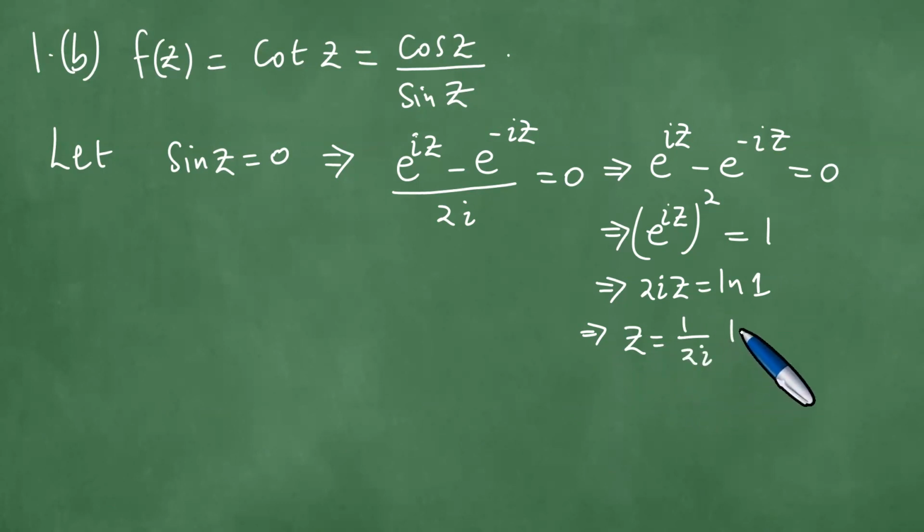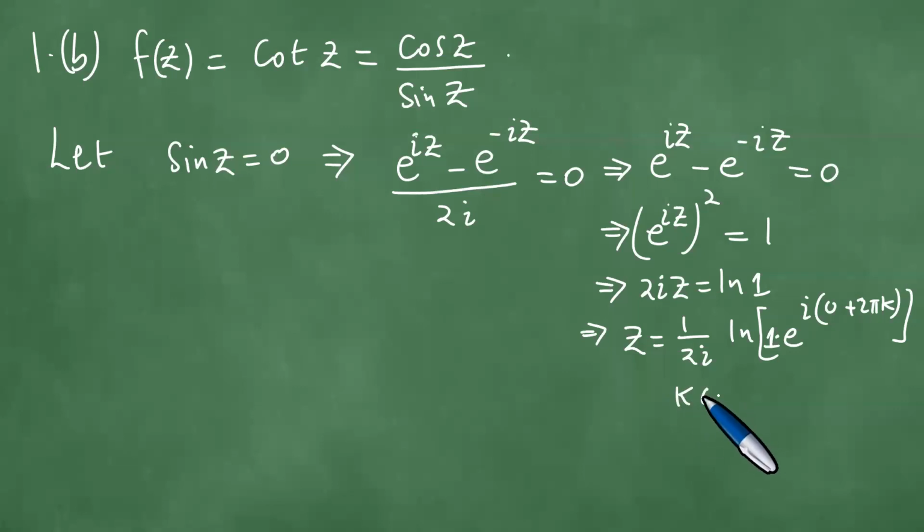The natural log of 1 is the natural log of the modulus of 1 plus i times the argument of 1, which is 0 plus 2 pi k, like so. So every complex number can be written in this form, and obviously k is an element of the set of integers here.